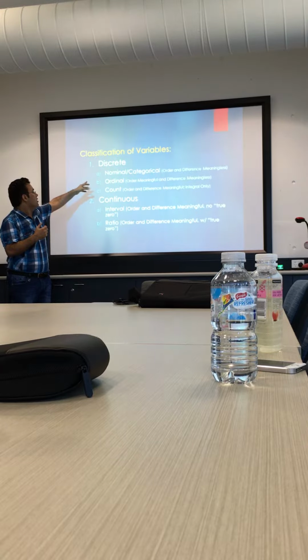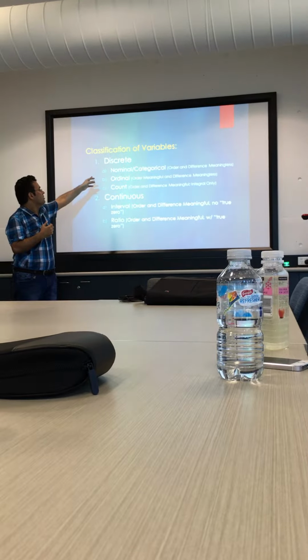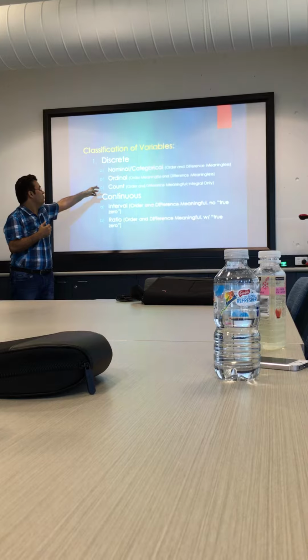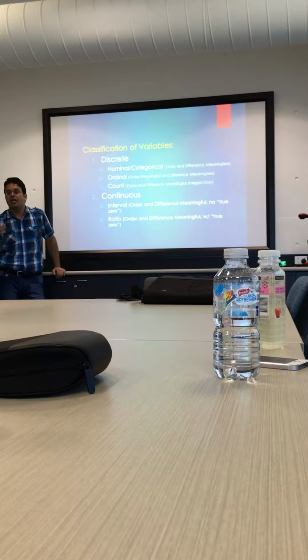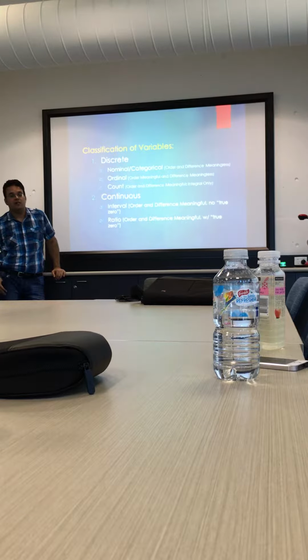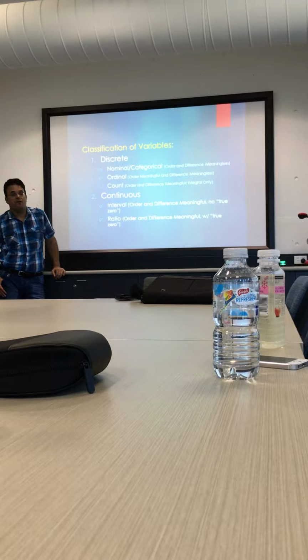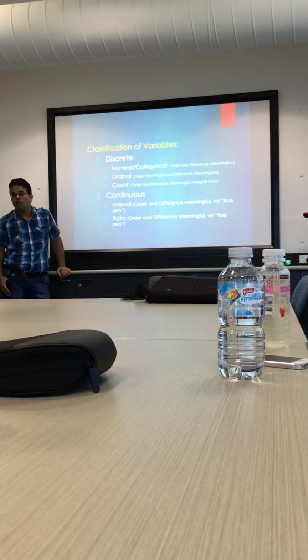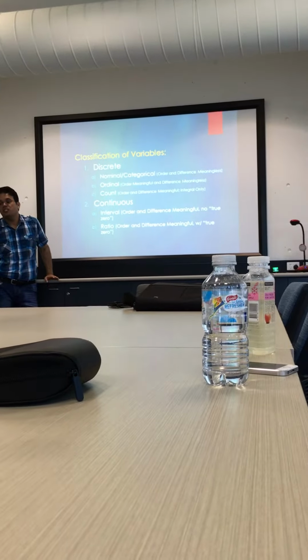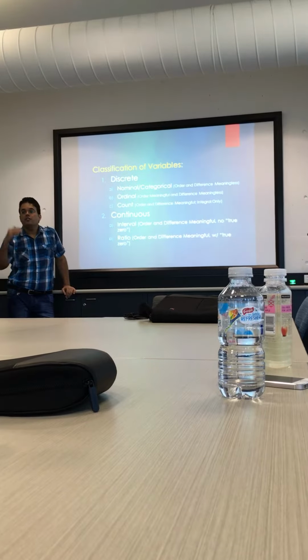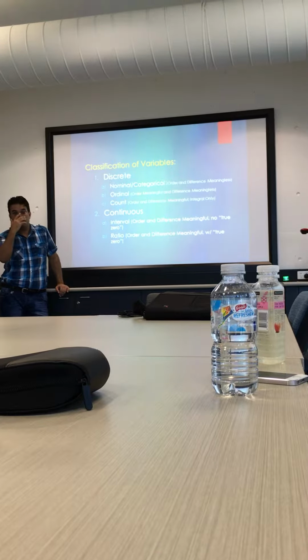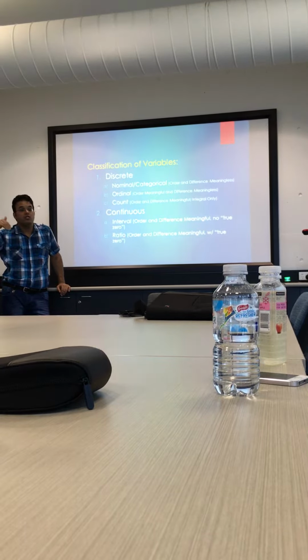Okay, the discrete is divided into nominal, ordinal, count. Nominal is related to names, like if I said we have Central Valley, North Brisbane, South Brisbane, this is nominal data. Ordinal is order; the order is important.